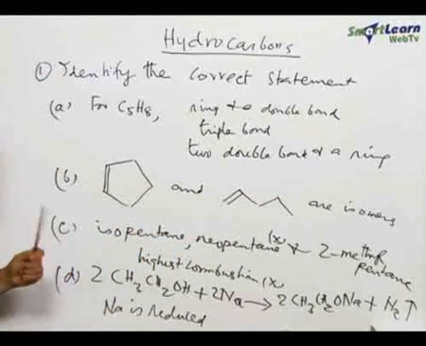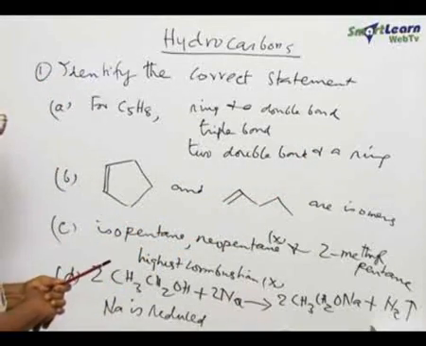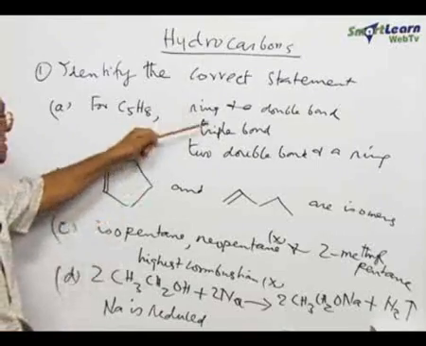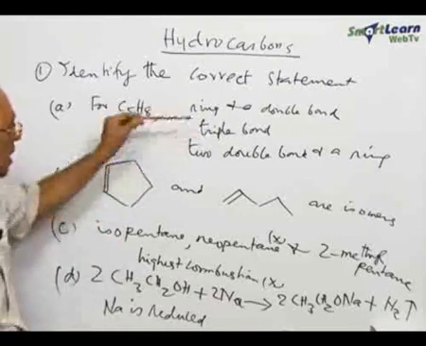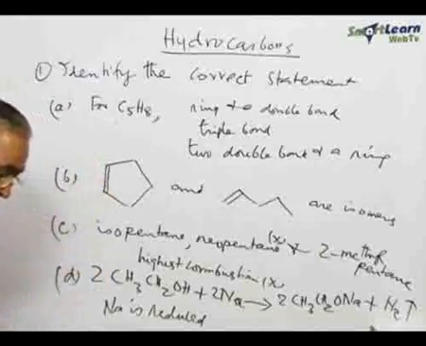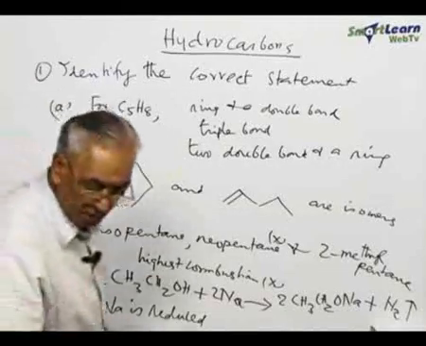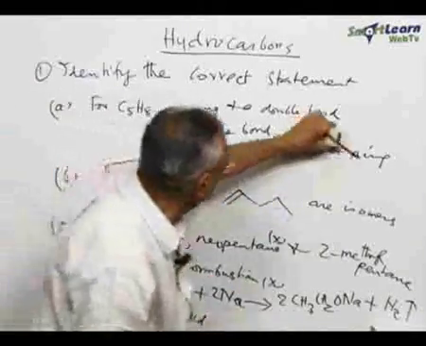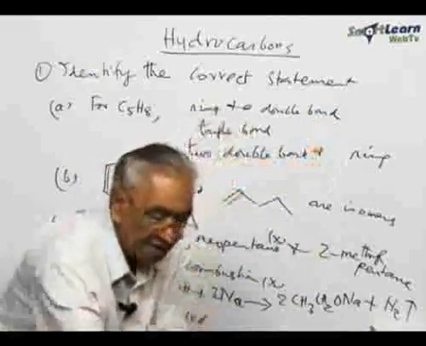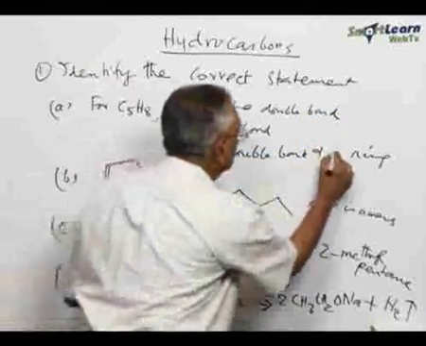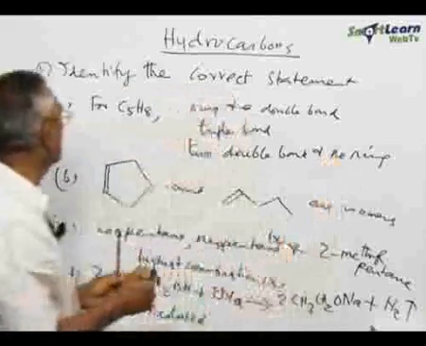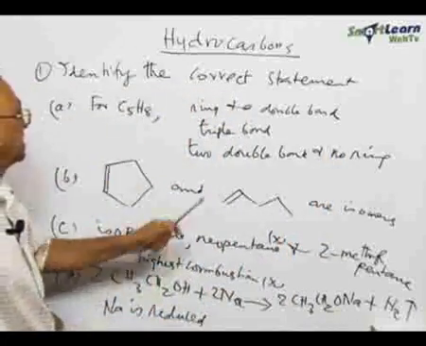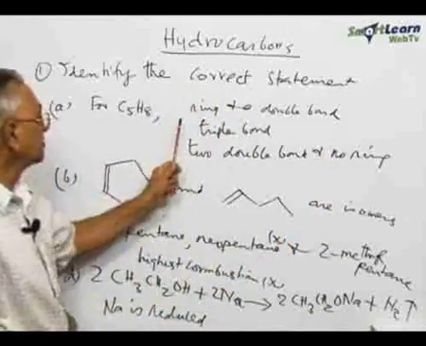In this there is a small correction: 2 double bonds and no ring. It is not one ring, it is no ring actually. So there are 3 options available for C5H8: a ring and a double bond, a triple bond, or 2 double bonds.